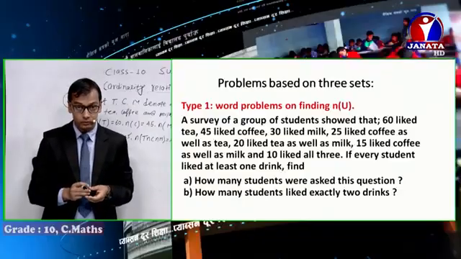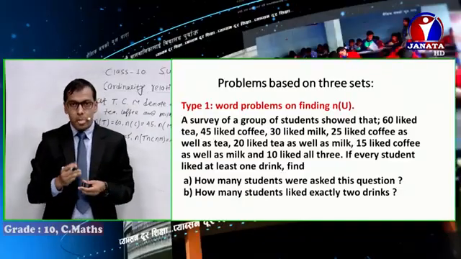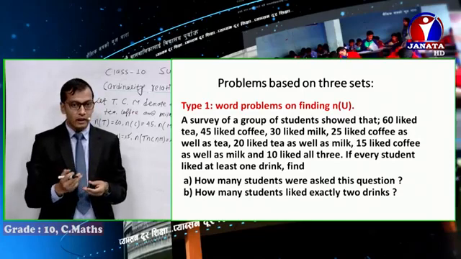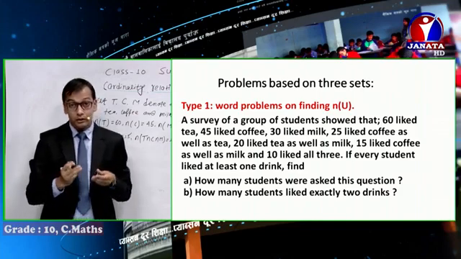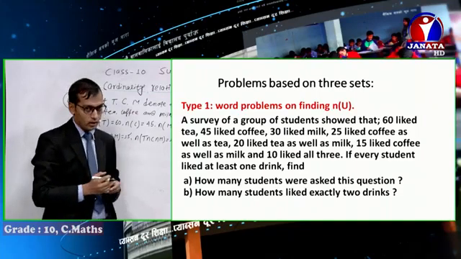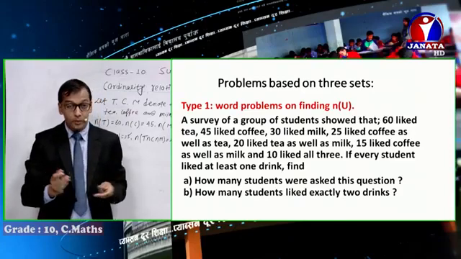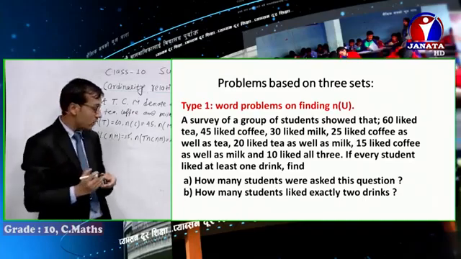Its meaning is, out of the 3 different items, tea, coffee and milk, there is no one who does not like any of the drinks. That means there is no complement at all.